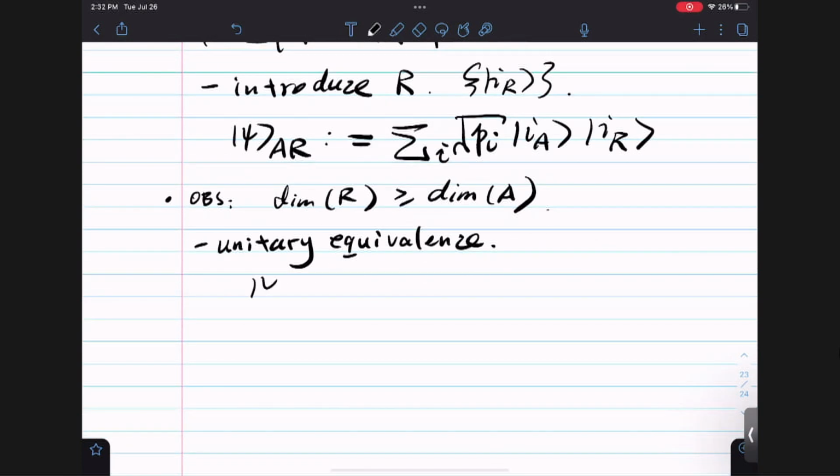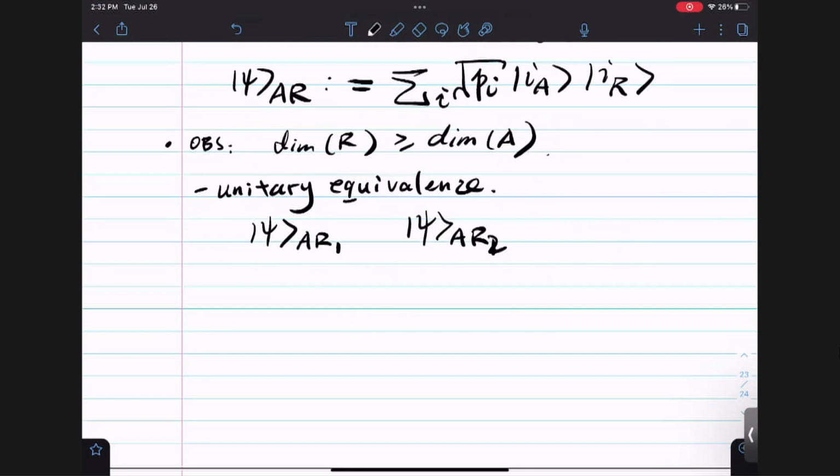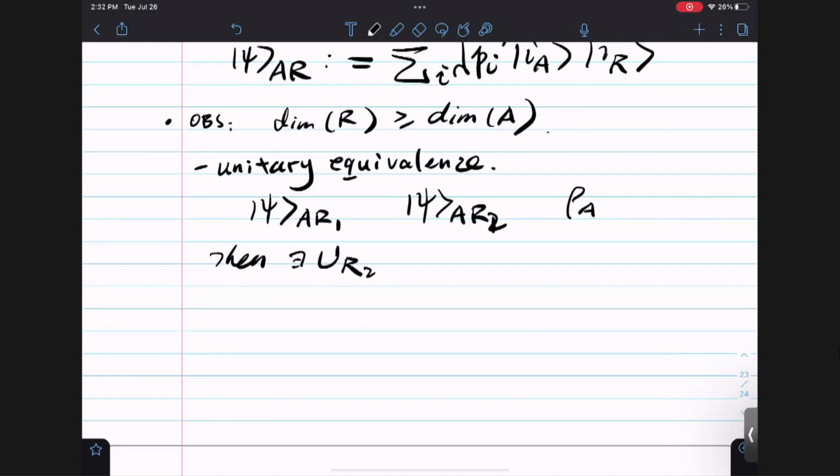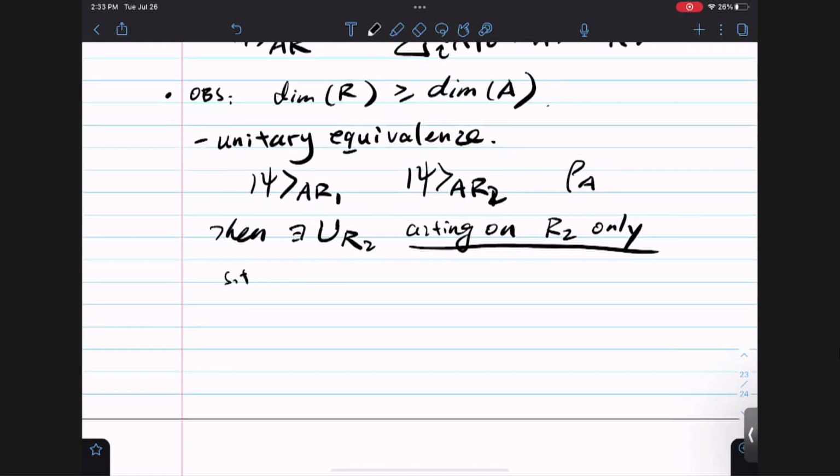Okay, so suppose we have two possible purifications, psi A R1, and psi A R2. They are both purifications of rho A. Then we can apply a unitary on just the reference system. Let's say we apply it on R2. Again, what's important is it's only acting on the reference system such that we can convert the second purification into the first purification.